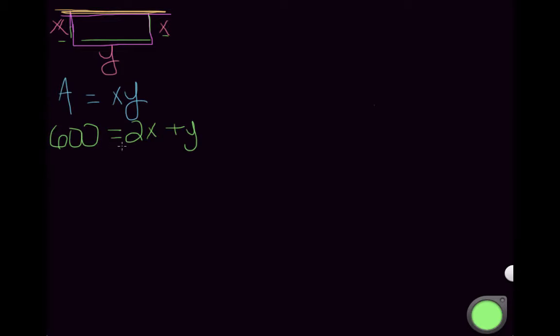So if you see right here, I have multiple variables. I've got X, I've got Y, and I've got A. So I'm going to take my equation that only has 2 variables in it because it's less complicated, and I'm going to isolate a variable in this equation so I have something easier to deal with. If 600 equals 2x plus y, all I have to do is isolate one of my variables, and the easiest one to get by itself is y.